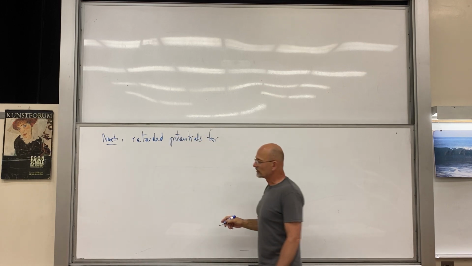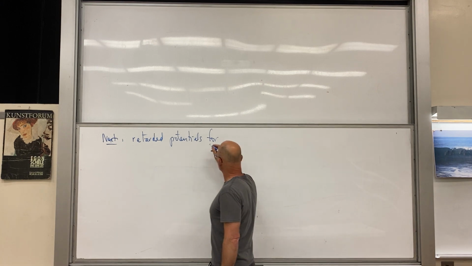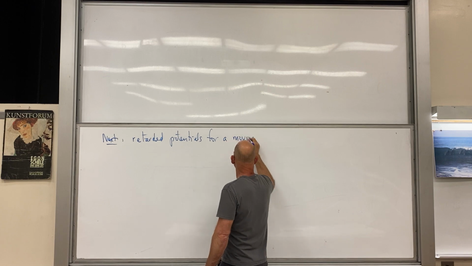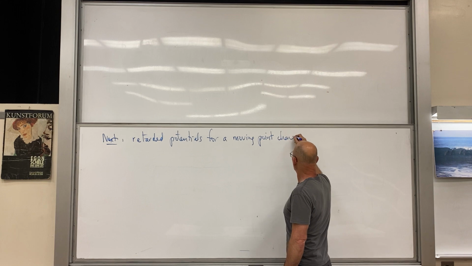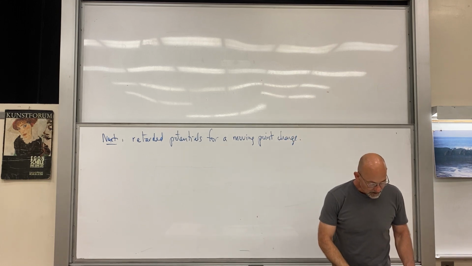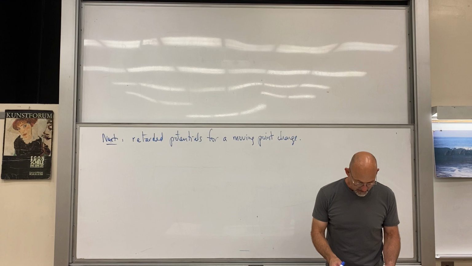And so we'll first get the expressions for an arbitrary motion of a point charge. I'll just write a moving point charge. And we have to do a bit of work with these integrals. Let me set this up.